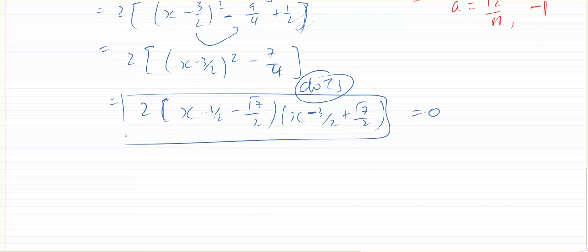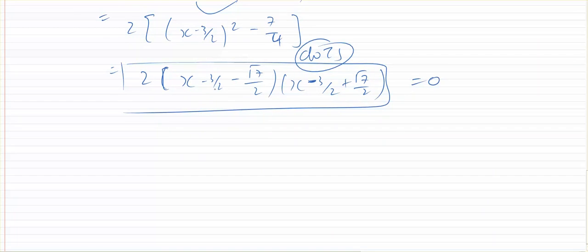What if it says solve? To solve it, you see the 2 at the front, it's times with these 2 factors. You can divide both sides by 2 so it goes away. Or you can just ignore it. We're interested in what makes these 2 equal 0 because of the null factor law. So x would equal the opposite signs of these. So it'll be 3 on 2 plus root 7 on 2, or 3 on 2 minus root 7 on 2.